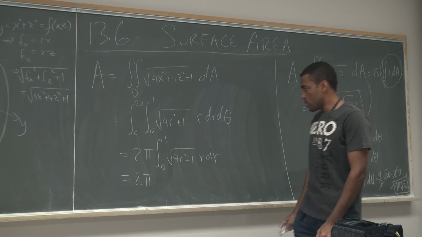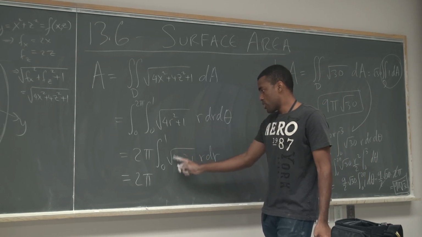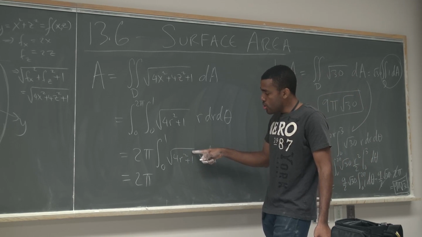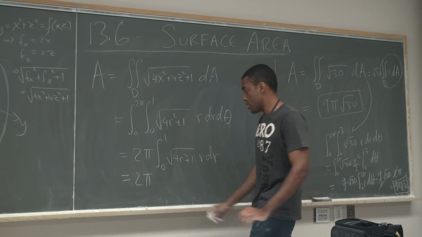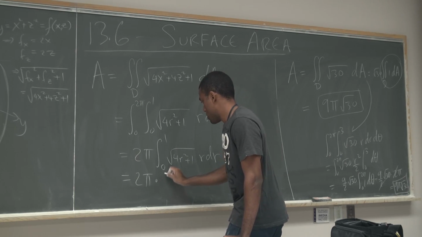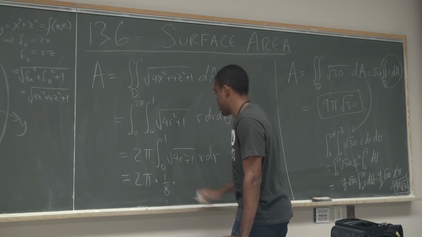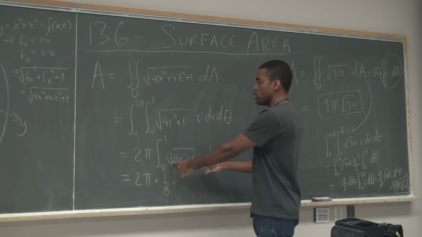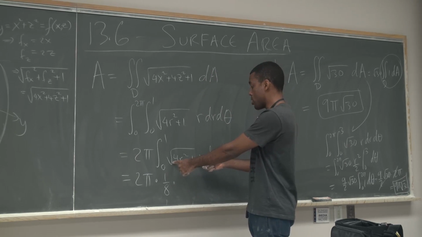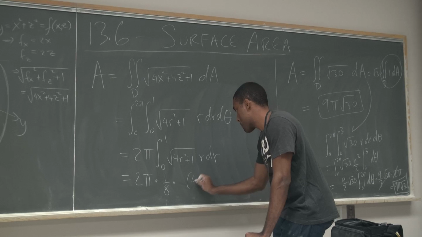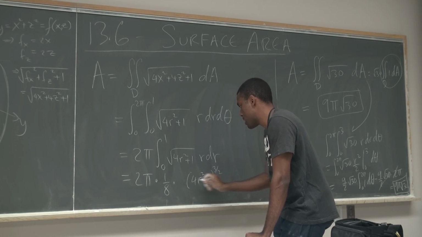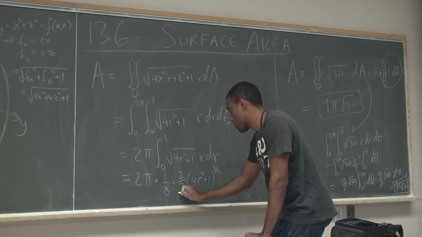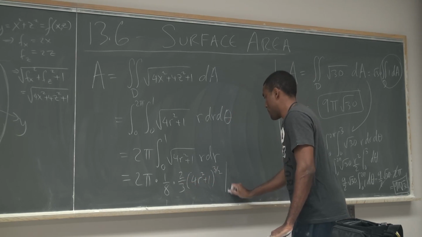U substitution, u equals what? 4r squared plus 1. My du is going to be 8r, so I'm going to put a 1/8 on the outside. So I think of this as u to the 1/2. Add 1 to the power, you get 3/2: 4r squared plus 1 to the 3/2. Divide by the new power, you get 2/3, evaluated from 0 to 1.